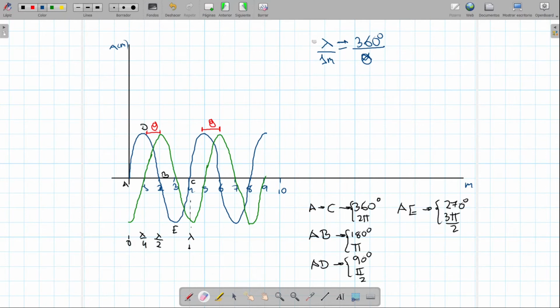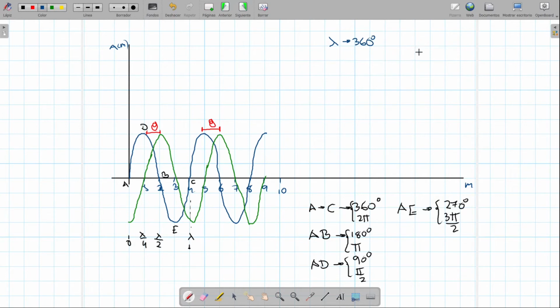Okay, we have said that our lambda is going to be 360 degrees.